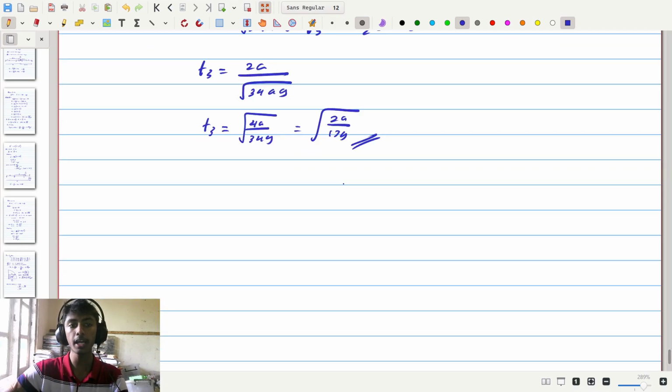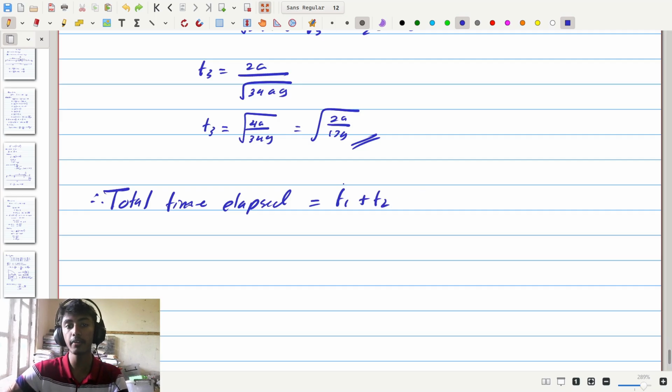Now, the total time elapsed is the sum of these 3 times. So therefore, we can say finally the total time elapsed is equal to t1 plus t2 plus t3, and we can finally be done with this question by writing down the final values of t1, t2 and t3 and adding them together.